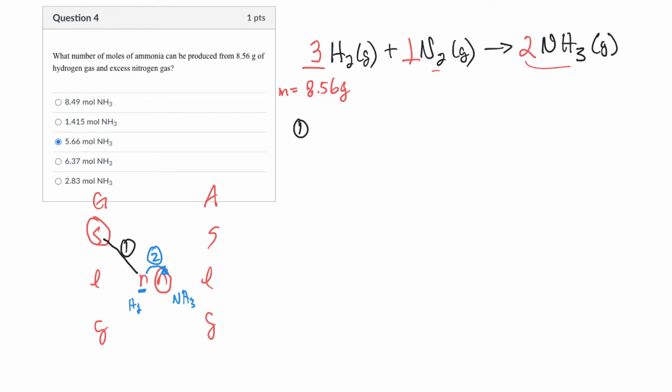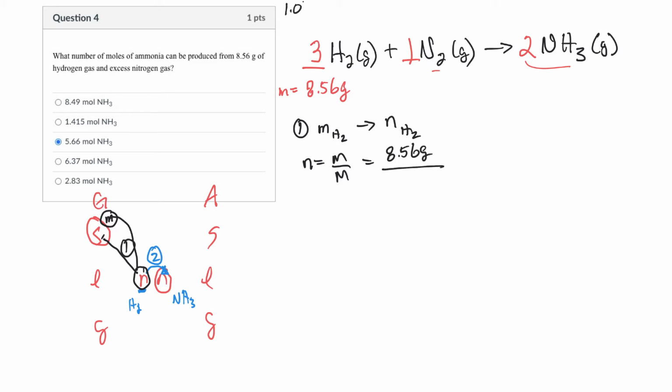Let's do step 1. So step 1, I have to convert mass of hydrogen into moles of hydrogen. Okay, so mass, that's this one up here. That's a solid. So mass of that, and I'm converting it into moles of hydrogen. Okay, so to do that, I use this formula, mass over molar mass. The mass is 8.56 grams divided by the molar mass of hydrogen.